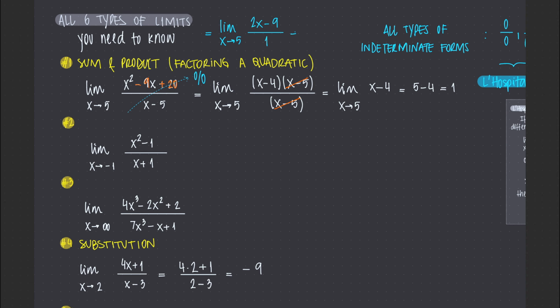And we can plug in 5 as x now, which gives us 2 times 5 minus 9, which is in fact equal to 1. Should we get the same answer? Absolutely.